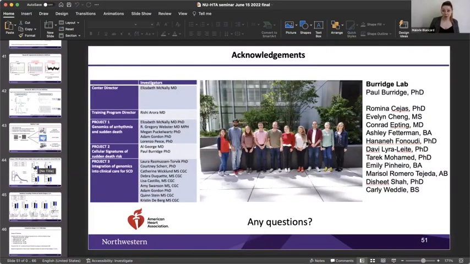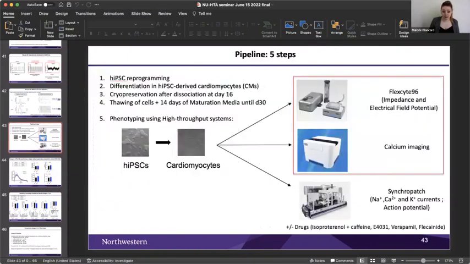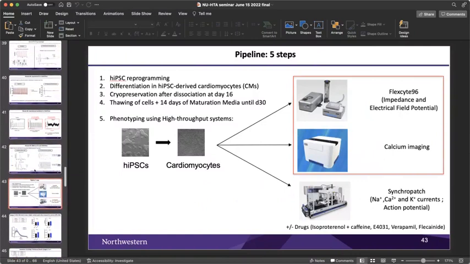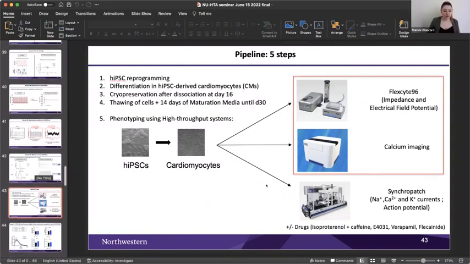To measure the action potential, yes, it would be this machine, the synchropatch. Okay, so the results you showed with all the different cardiac action potentials, that was using the synchropatch, right? And is that the synchropatch that is currently located in the pharmacology department? Yeah, so the synchropatch is in Dr. George's lab. It is available for the core.